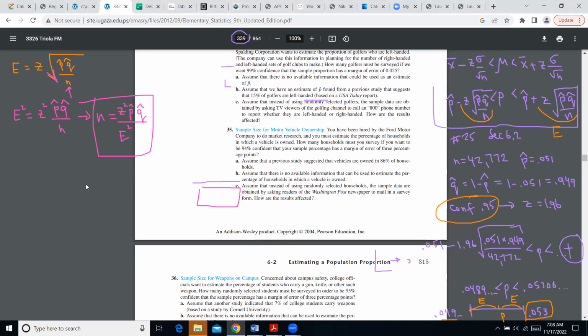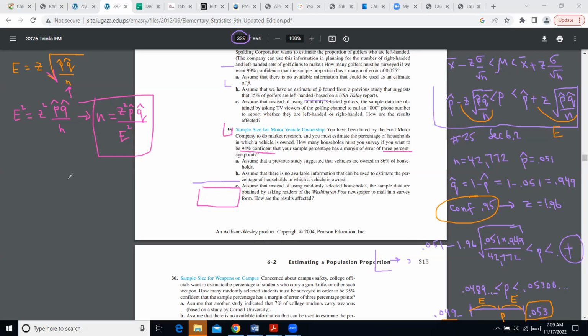So it says, if you got hired by the company to do some research, and they want to estimate the number of households in which a vehicle is owned. So how many households do you need to survey to get a 94% confidence, and the error is 3 percentage points.